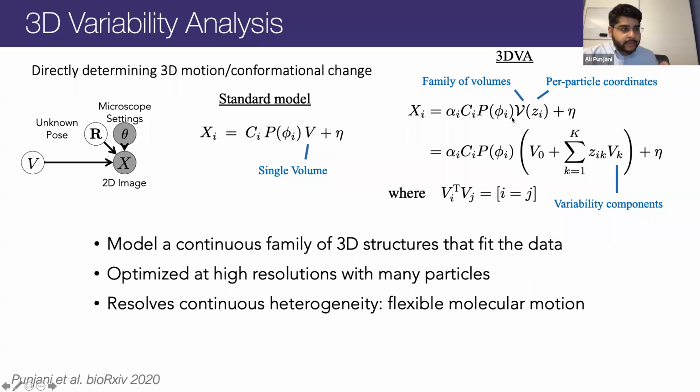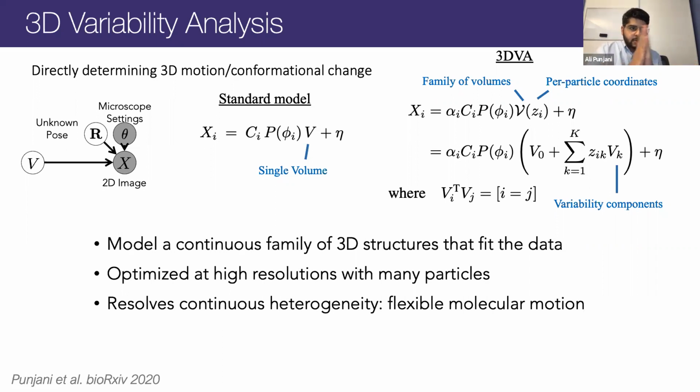The important thing about a family of volumes is that it's not a volume, but it can generate a volume if you provide it with what we call a per particle latent coordinate. That coordinate is one or more numbers that describe for a single particle image which member of the family is in that image.